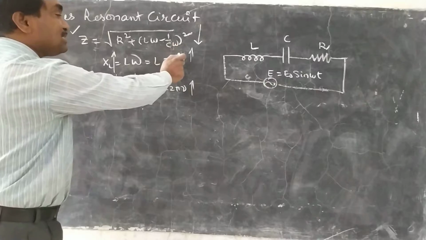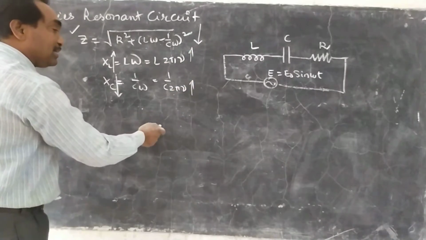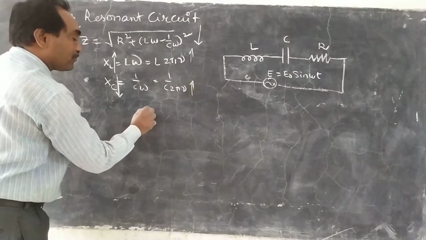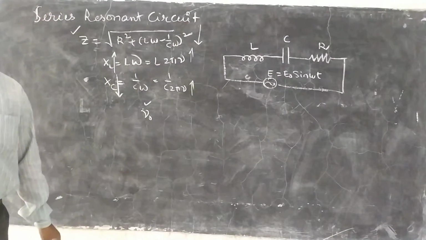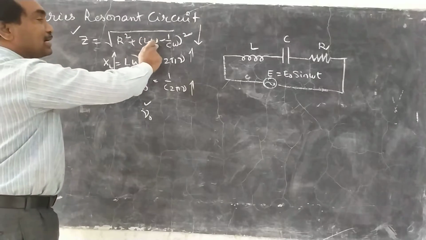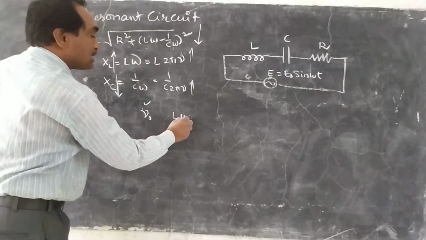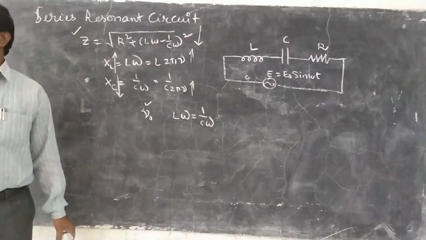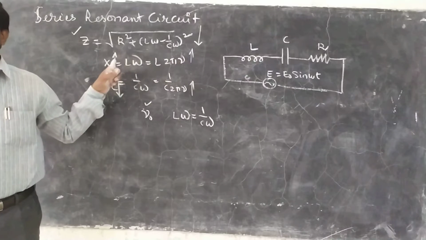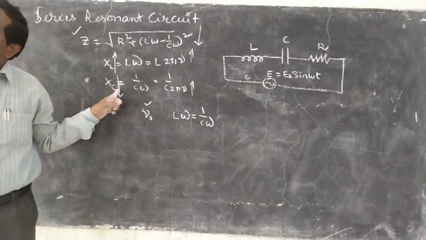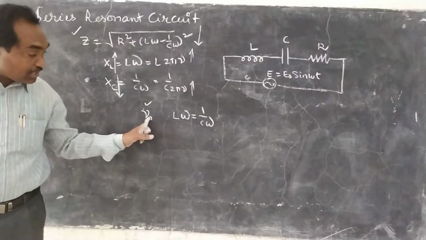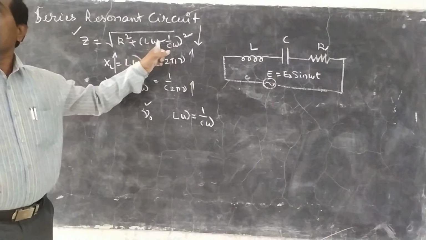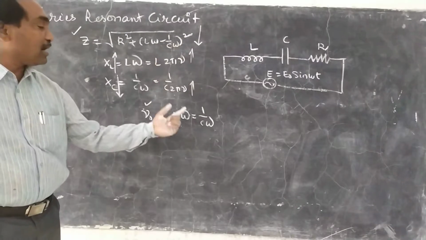So if the frequency of this circuit changes, by increasing or decreasing, at a particular frequency the inductive reactance and capacitive reactance are equal. When the frequency changes, inductive reactance changes and capacitive reactance also changes. At a particular frequency, the inductive reactance L omega and the capacitive reactance 1 by C omega must be equal.